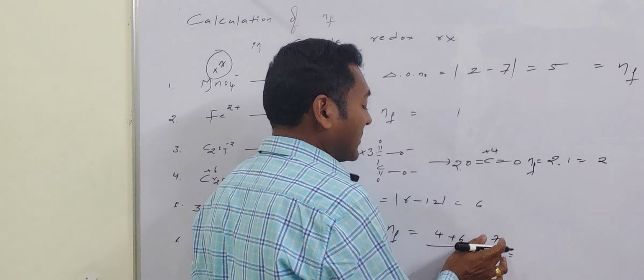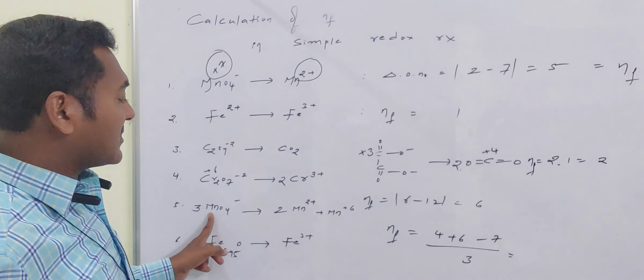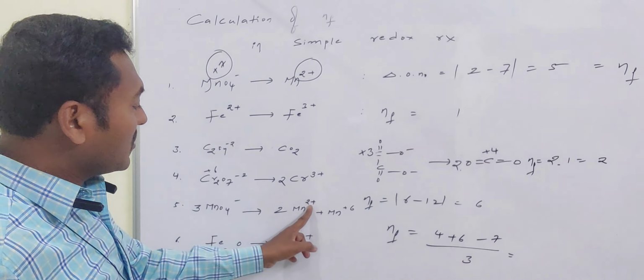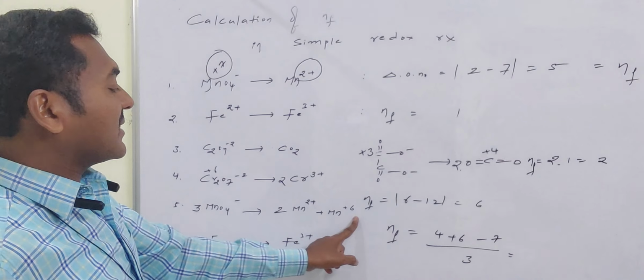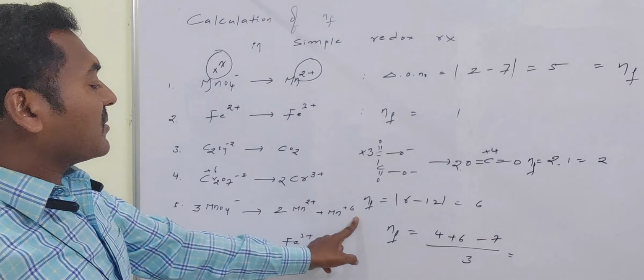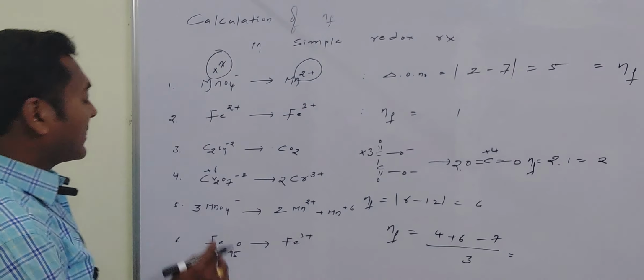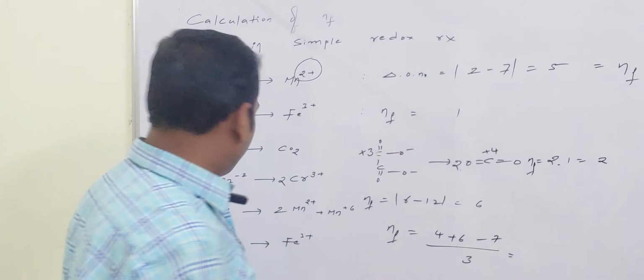Let me go through it again. 10 minus 7, where +7 is the oxidation state. Here it maintains 2, so 2 plus 2 into 2 is 4. 4 plus this manganese maintaining 6 gives an overall of 10. 10 minus 7 is equal to 3.